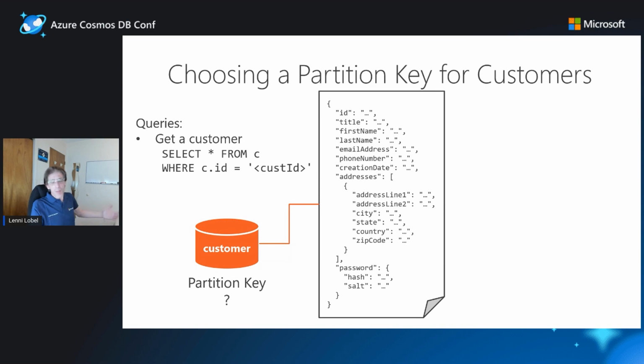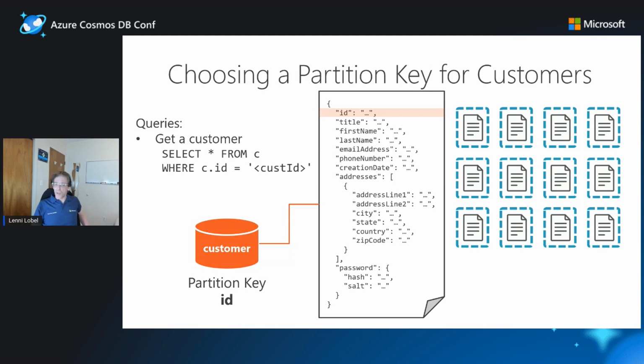And so the most common query is really to get an individual customer by their ID, which would pull in their addresses, right, because they're embedded, and their password because it's embedded, right? And so that really means the ID property itself would be actually the most suitable property for the partition key here.